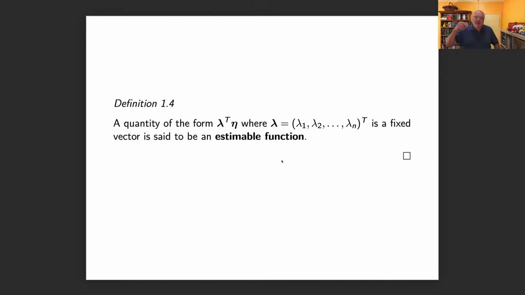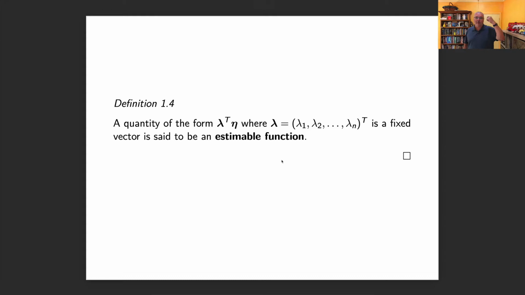Let's say we have a quantity where I'm going to take a linear combination of my eta. Remember, my eta is the expected value of my y, so it's a column vector with the first entry the expected value of y1, then y2, etc. And I'm going to basically take the dot product of that with a vector of constants, lambda 1 up to lambda n.